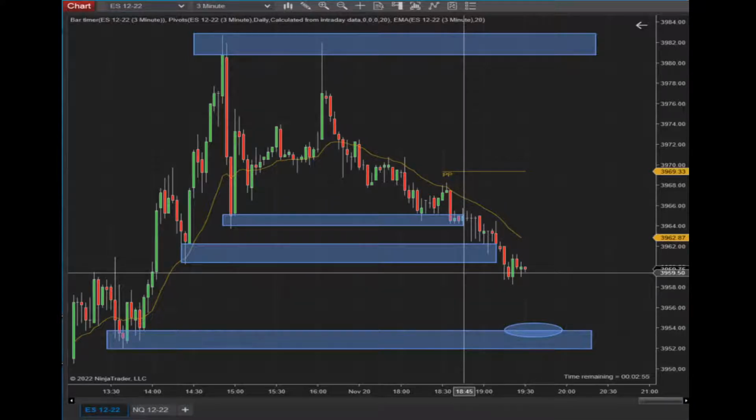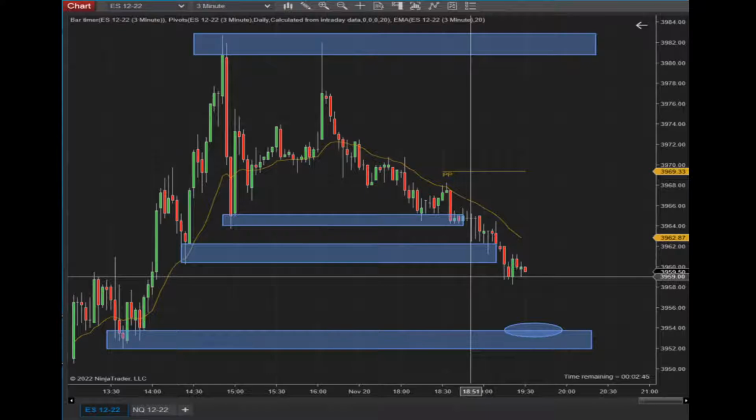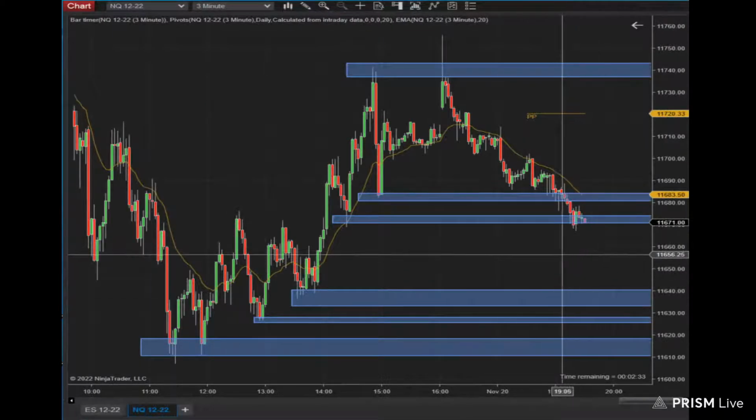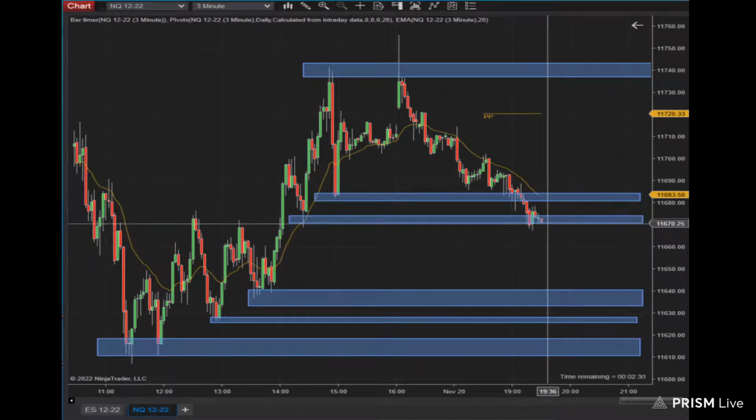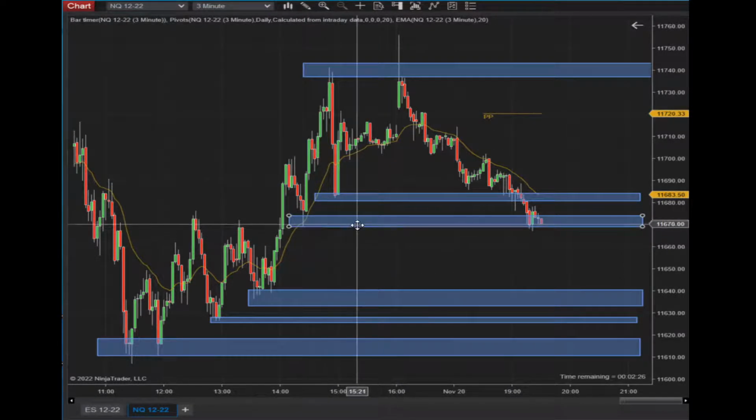Okay, so again, not much going on here. Looks like NASDAQ's acting the same way, although it looks like it's approaching the bottom of this area.